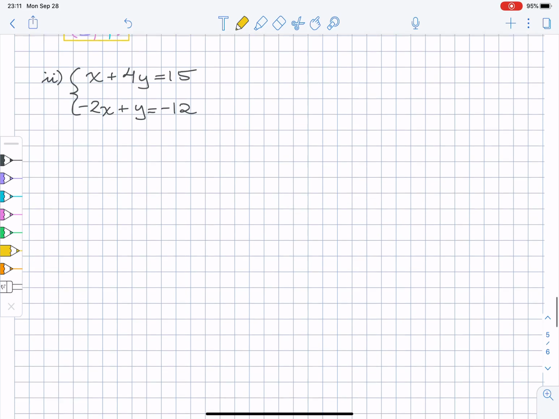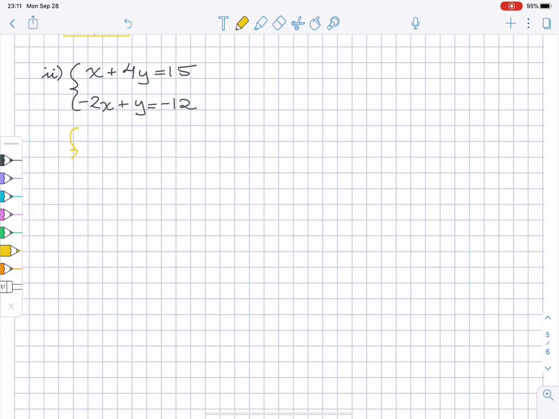So rewriting the system: x plus 4y is equal to 15, and negative 2x plus y is equal to negative 12. So if I eliminate x, I'll multiply by 2, the coefficient, without the negative this time, of x in the second equation, and 1, the coefficient of x in the first equation.